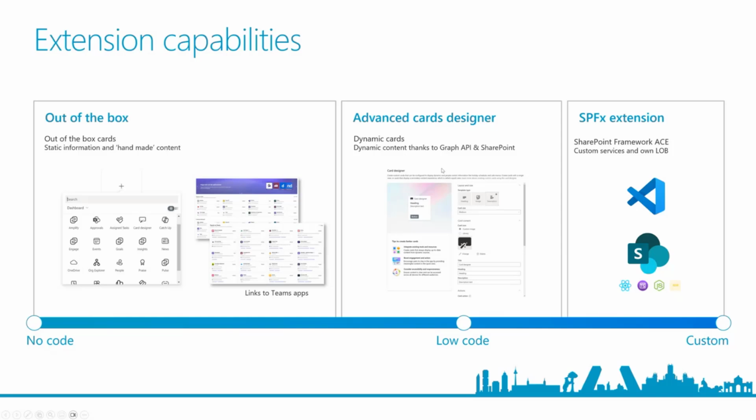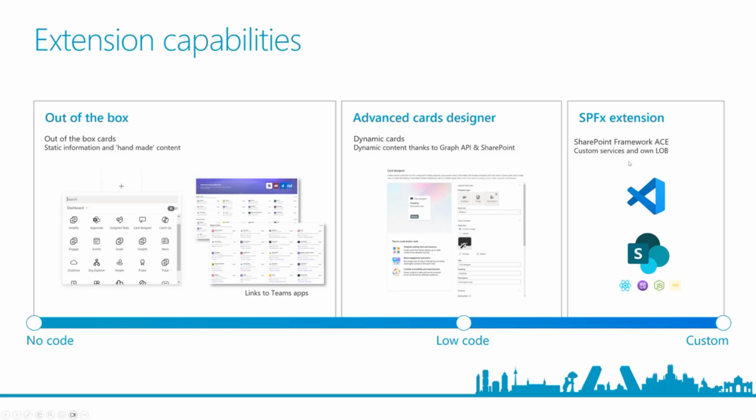It's a nice feature that we can use with dynamic cards and dynamic contents that we can query from Graph API and SharePoint API, and the most extended way to create custom cards for the dashboard is obviously SharePoint Framework adaptive card extensions.